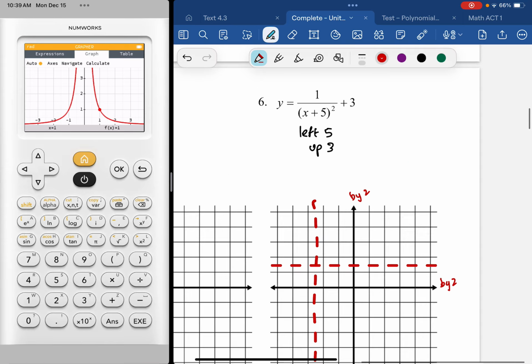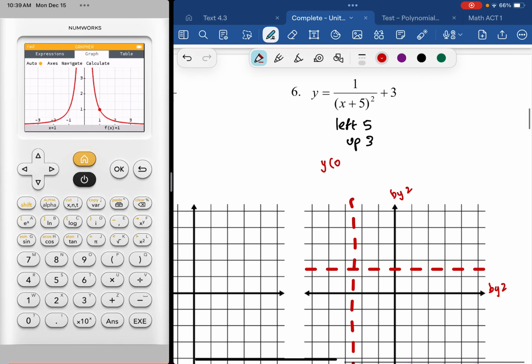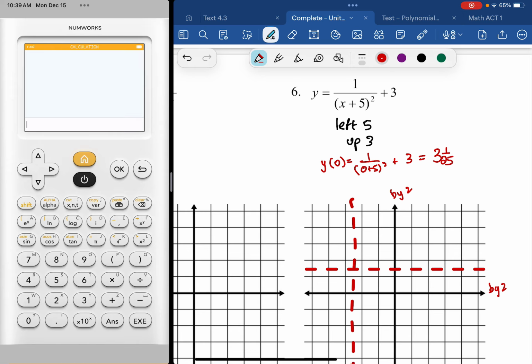Grab that y-intercept. So y of 0 is 1 over 0 plus 5 squared, plus 3. If I'm going by 2s, it's going to be a little funky, but that's 1/25th. So 3 and 1/25th units. If you want a ballpark estimate of that, take that number and divide by 2, so about 1.5 units up.